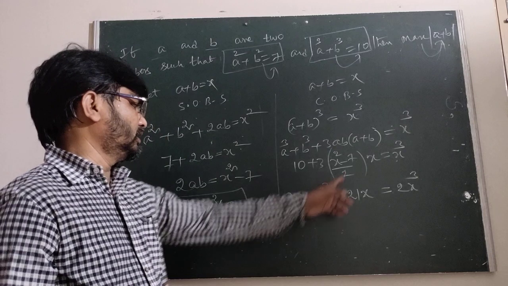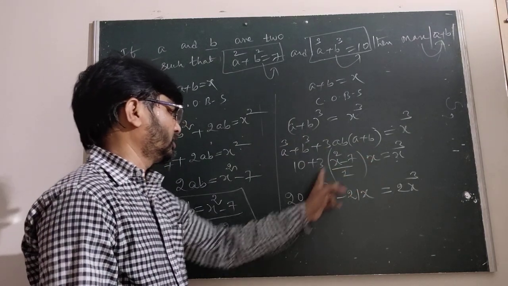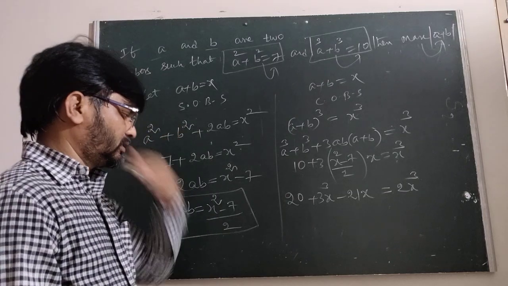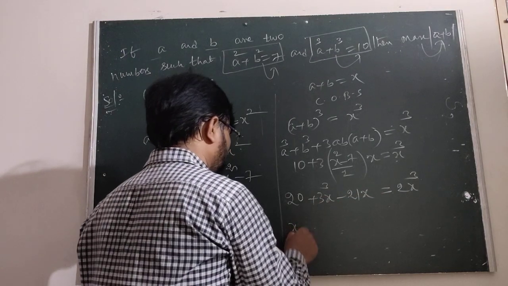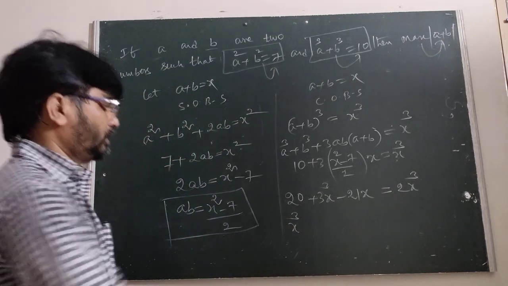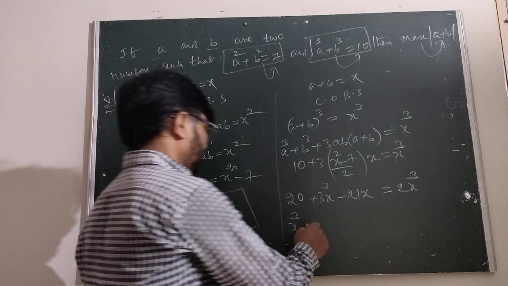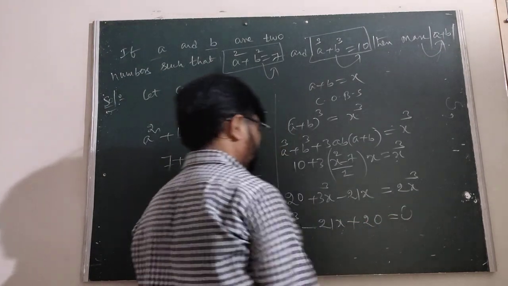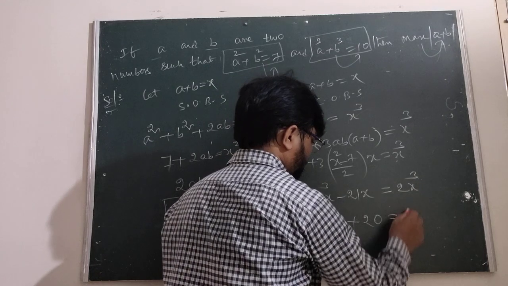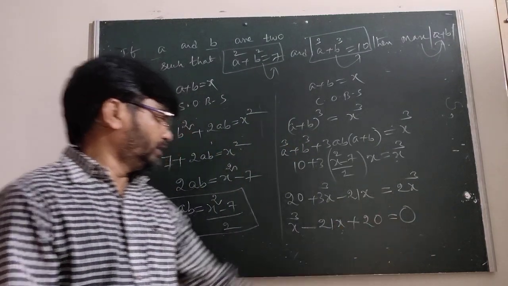Taking the LCM 2, 2 into 10 is 20. That is 3X cube minus 21X. Now 3X cube minus 2X cube is X cube minus 21X plus 20 equal to 0.